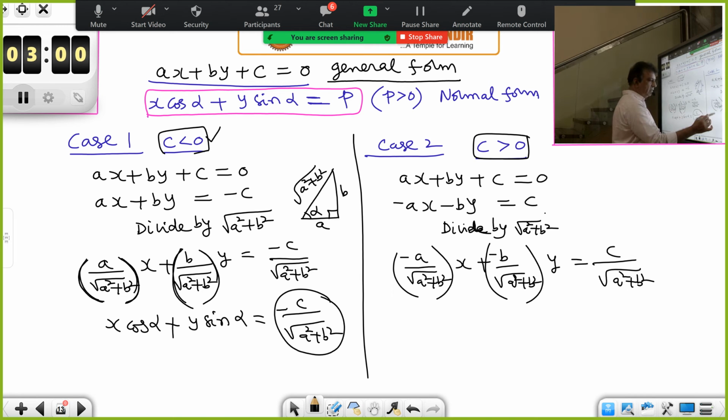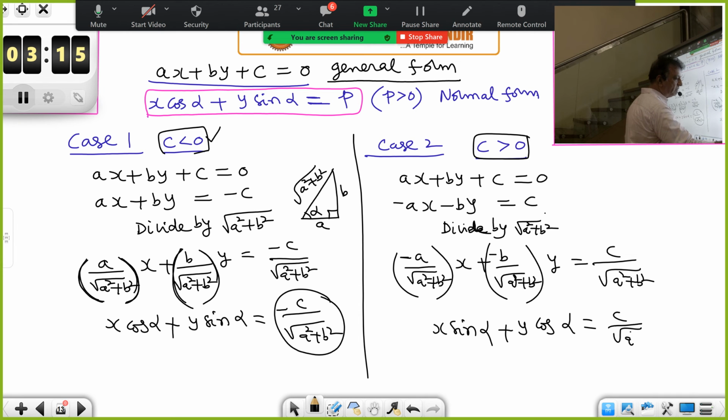Now minus a by root of a square plus b square may be, if it is sin alpha, then minus b by root of a square plus b square will be cos alpha for the same angle. And right side c by root of a square plus b square, that is p, is positive. Okay, so this is the method. If the constant is positive, then ax plus by should go to the other side. Then divide by root of a square plus b square. Then you can put it in the normal form.